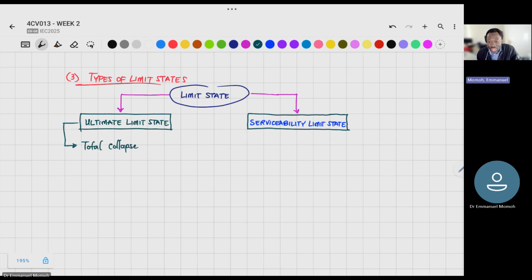The ultimate limit state checks that the structure does not fail catastrophically due to bending, shear, compression, instability, or overturning. For example, a beam that has snapped has reached an ultimate limit state, or a column that buckles, or a slab that punches through a column. So in ultimate limit state, we are careful because if it is violated, lives are at risk.